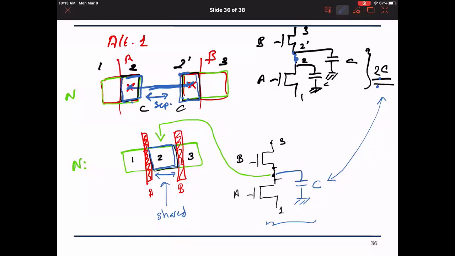So instead of doing directly the Euler path and connecting them through a diffusion, can we do it the method that we did at the beginning of this lecture and then replace these metal connections with the diffusion?